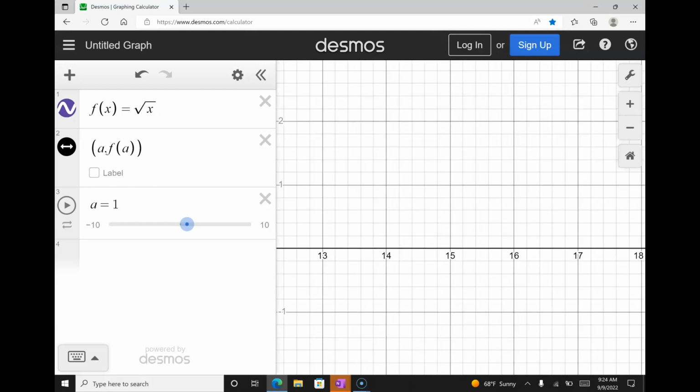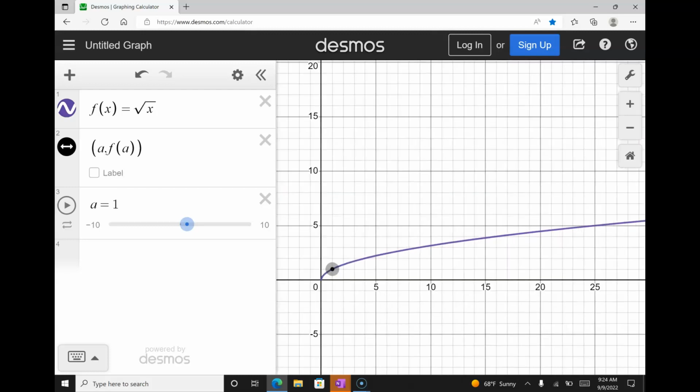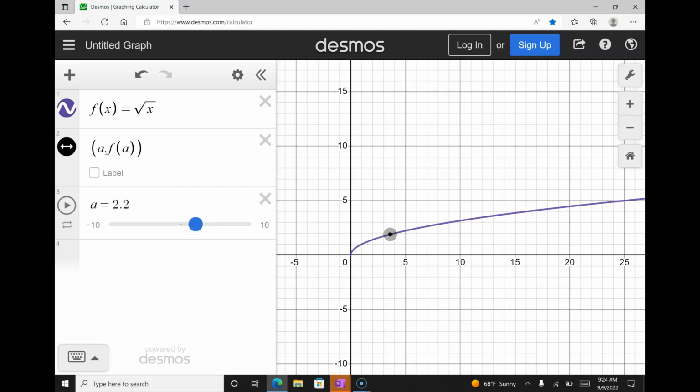So take a look at what I got here. There's my dynamic point. It's kind of silly to have a be negative because it's square root, but I'm fine with that. If I put a as negative, there's no point on my curve, obviously. If I adjust my domain here, when I change my function, I'd have to adjust again, so I'd rather just leave it as it is for now.